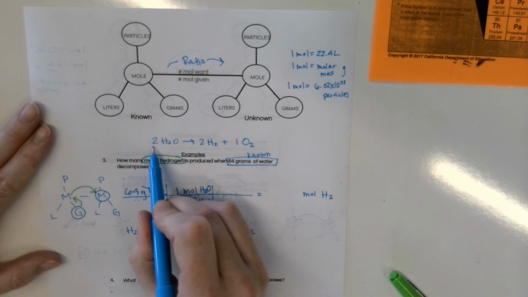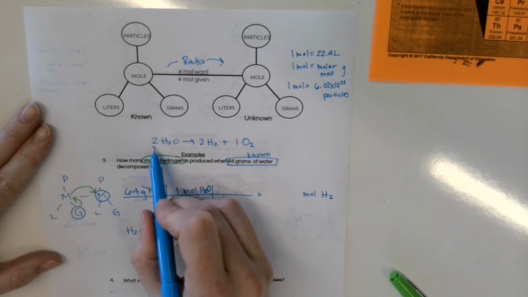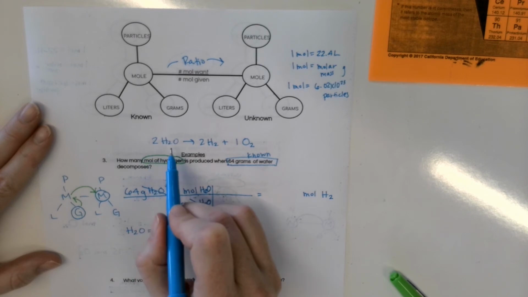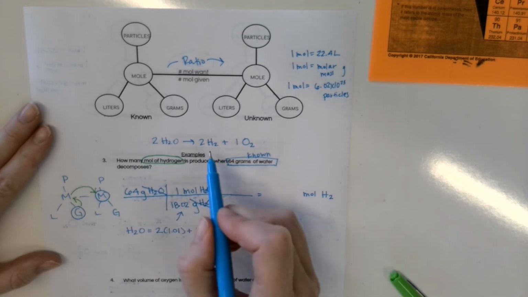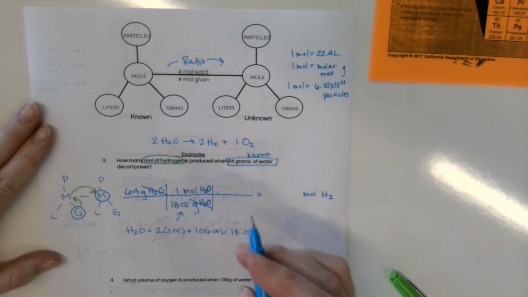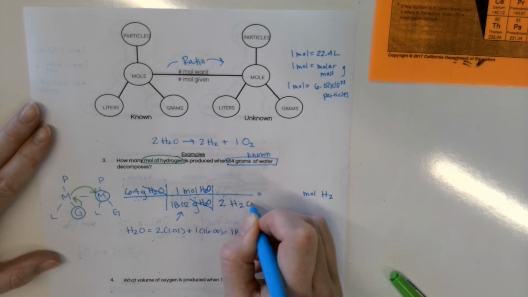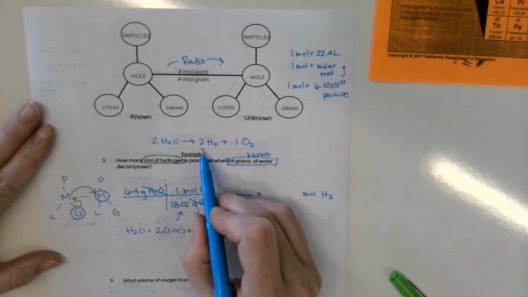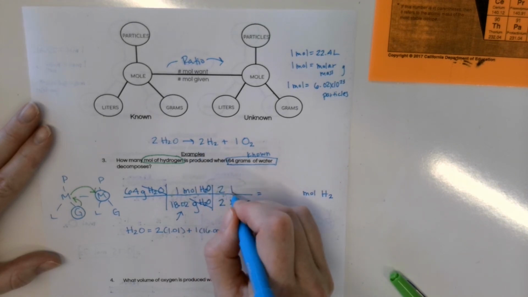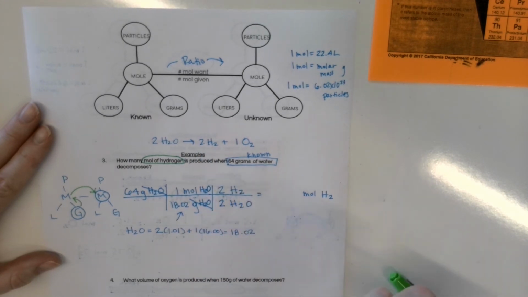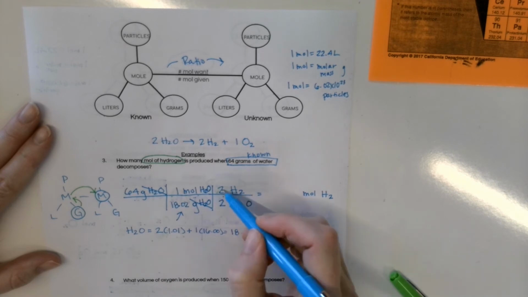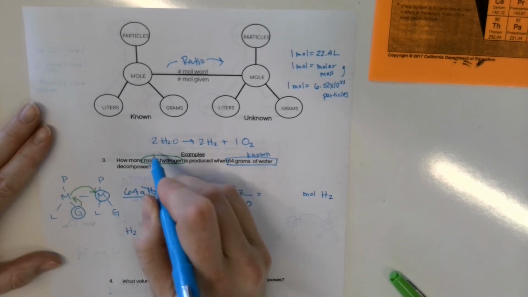So I look at my coefficients. The ratio is that for every 2 water molecules, I will get 2 hydrogen molecules. So I'm going to put 2 H2O on the bottom, and then 2 H2 up top. And again, my numbers are coming from the balanced equation.